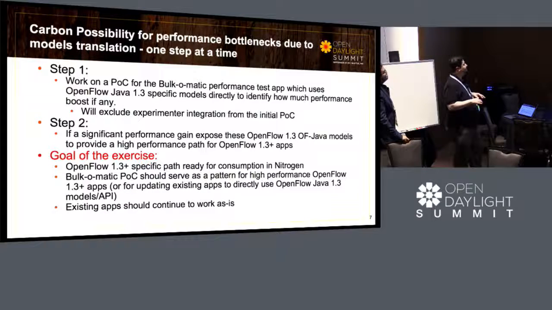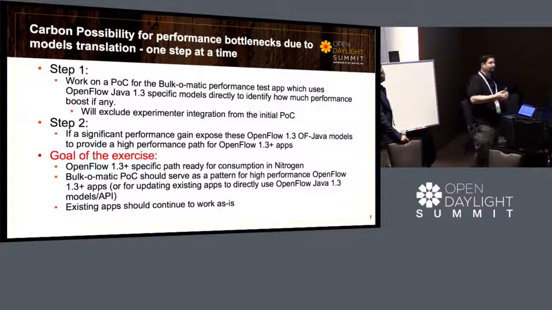So the idea should be that the existing apps should continue to work as is without any code changes, but if they choose to, they can. Most likely they won't, because there are 20 plus projects which are dependent on the OpenFlow plugin, and it's unlikely that most of them will actually change their code. It's a choice.